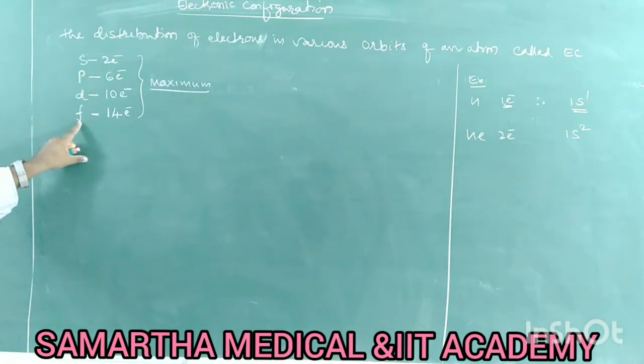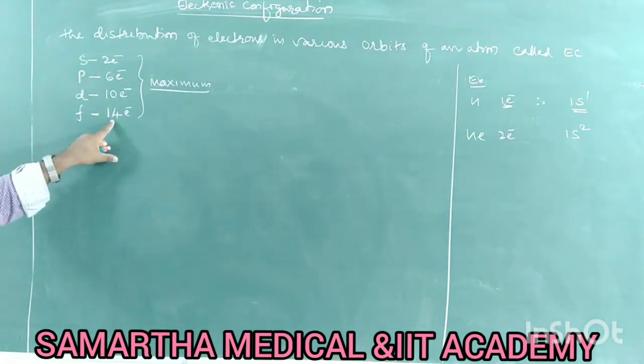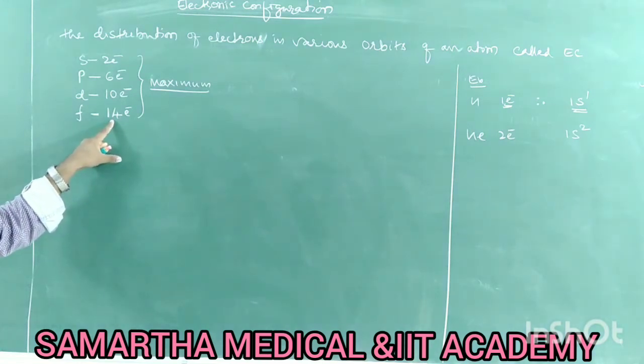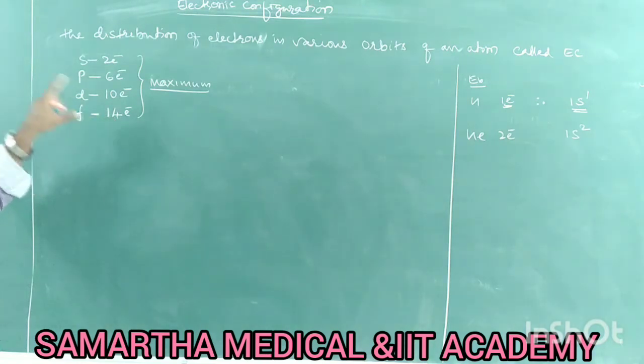Similarly, an f orbital can accommodate a maximum of 14, but it can accommodate 1, 2, 3, 4, 5, 6, 7, 8, 9, 10, 11, even 12, 13 also, even 14 maximum.